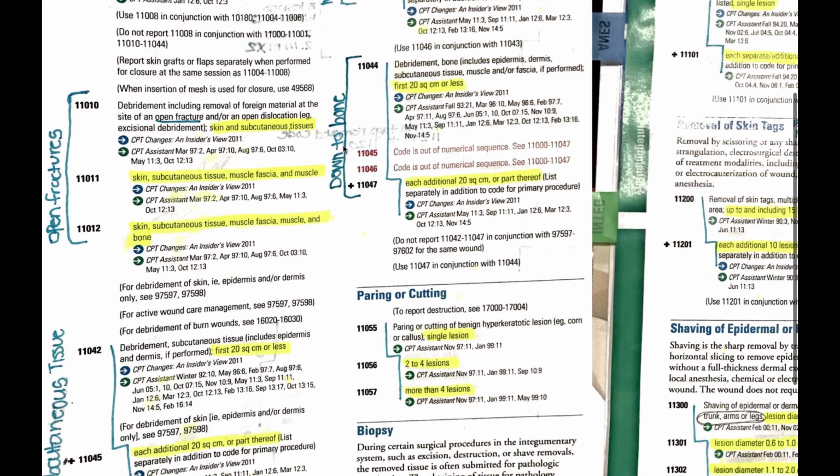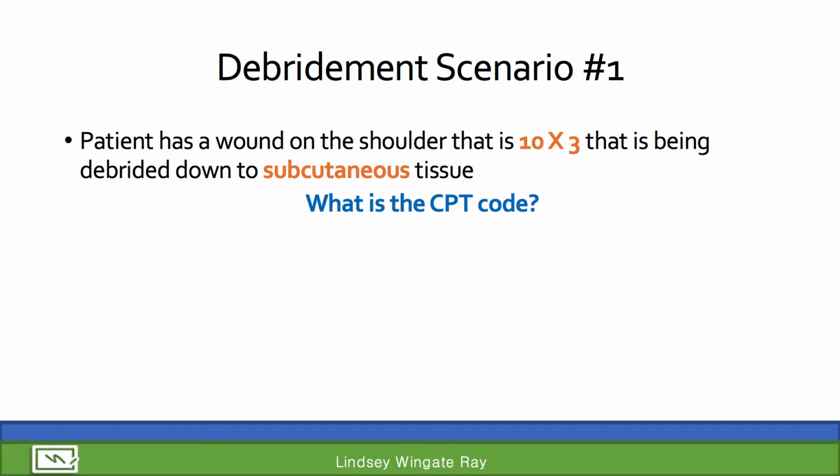Then you would append 11044 for your shoulder since it went down to bone and was not more than 20 square centimeters. Now it's your time to try with scenario 1.